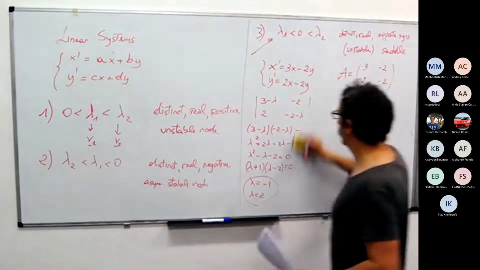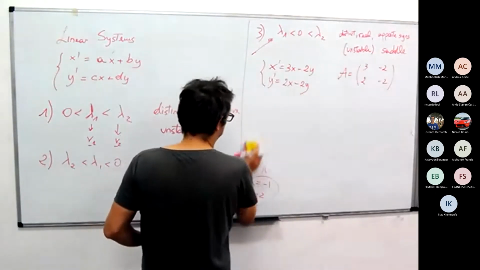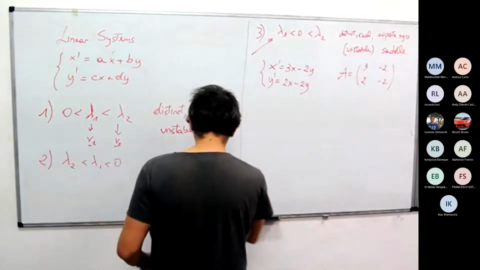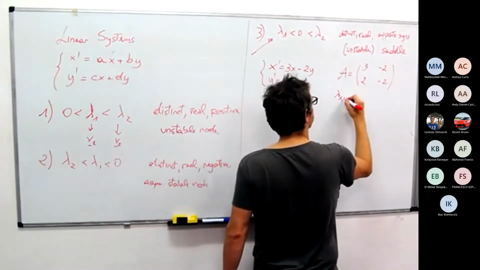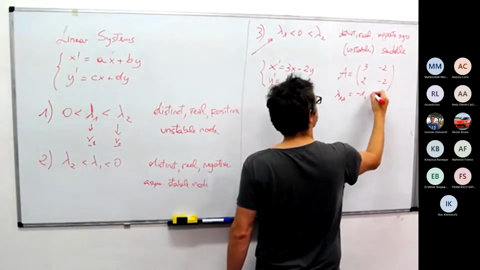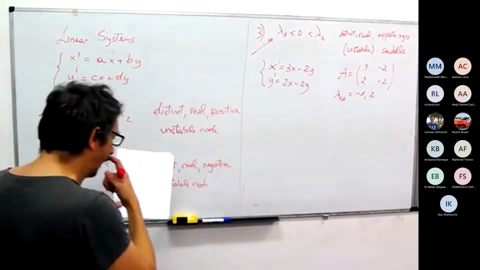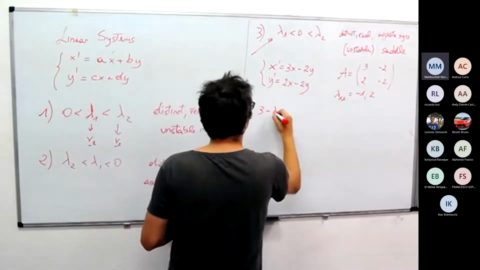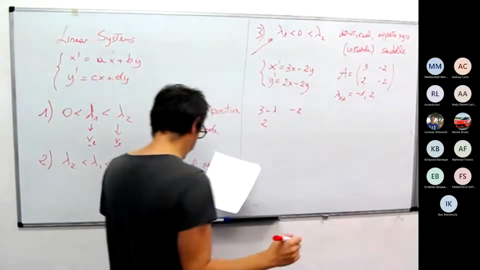Let me cancel this. Just remember that the two eigenvalues are minus 1 and 2. So what are the eigenvectors? The eigenvectors are those vectors that satisfy this equation.